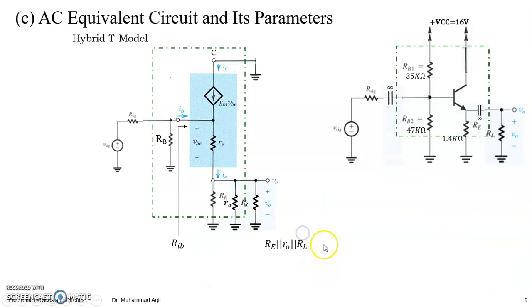So now, RE is parallel to R0 and parallel to RL, then these three resistances can be replaced by a single resistance, which will be the parallel combination of these three resistances, right? And then this one resistance, the parallel combination, and this RE are coming in series, right? So it means at the emitter you have this total equivalent resistance, right?